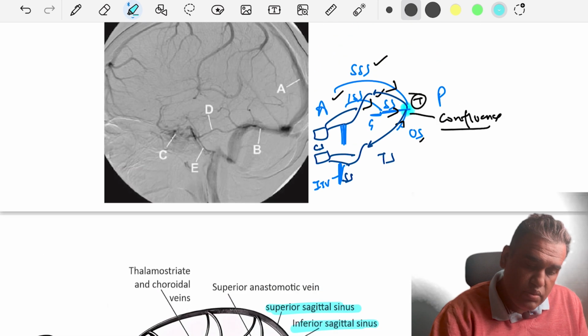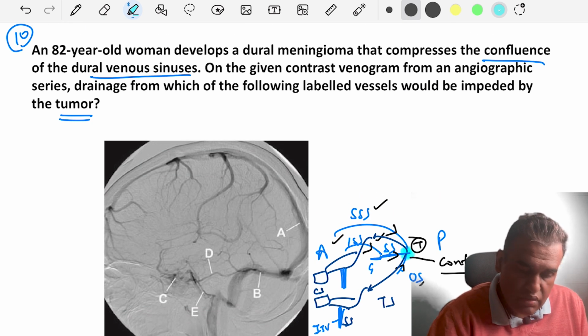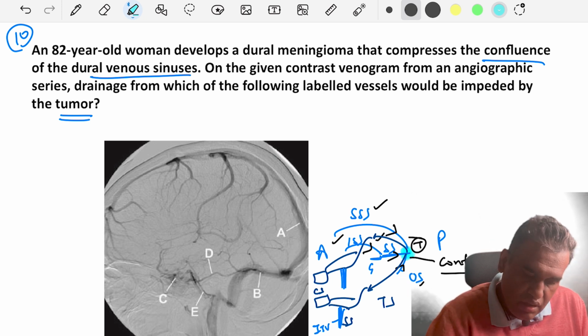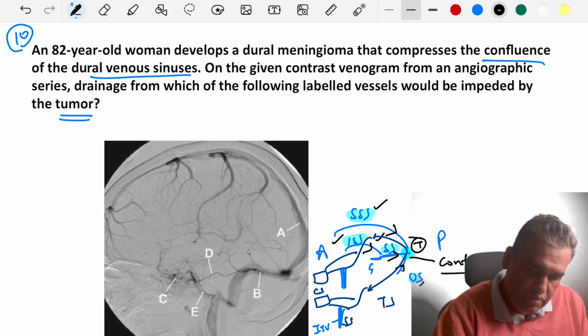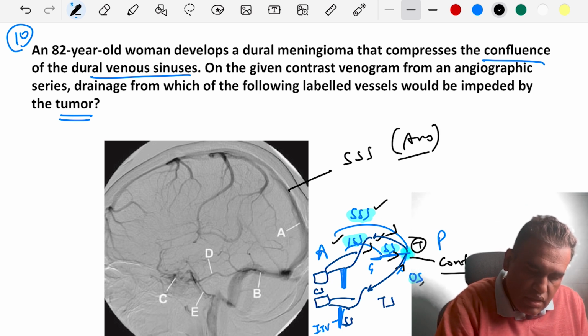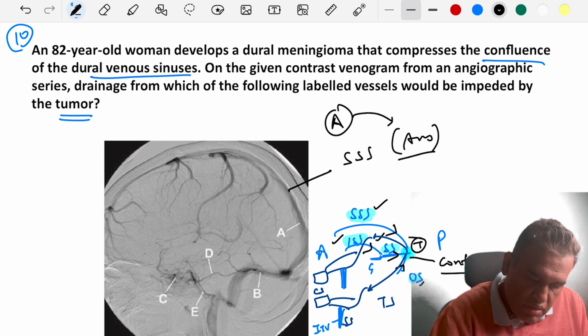Now we should be searching, because they are asking if there's a tumor at the confluence, drainage of which sinus will be impeded. So we have to search for superior sagittal, inferior sagittal, straight, or occipital. If you come back to this image, option A is the superior sagittal sinus. It is the answer, but we'll see more. Option B, over here, is from the tumor location; it is probably the transverse sinus.